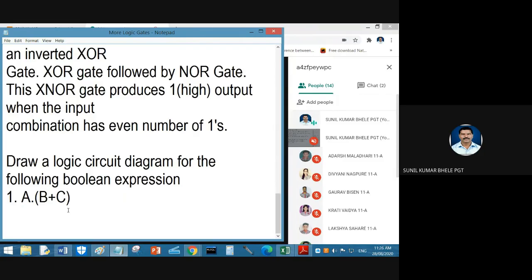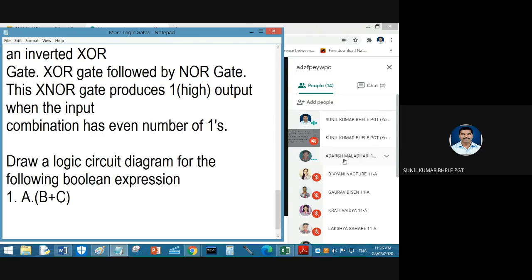I can give you a hint. You can use an OR gate for plus and an AND gate for dot. Others? Yes, sir.